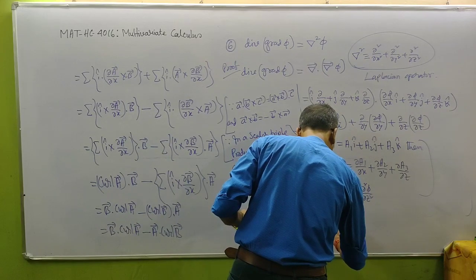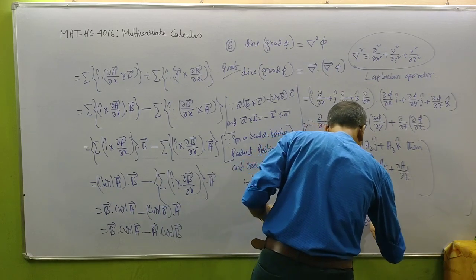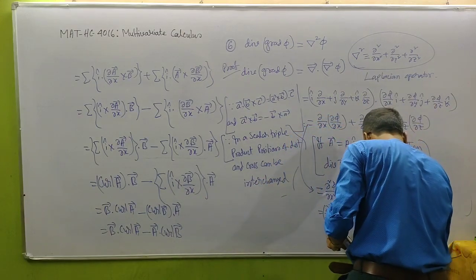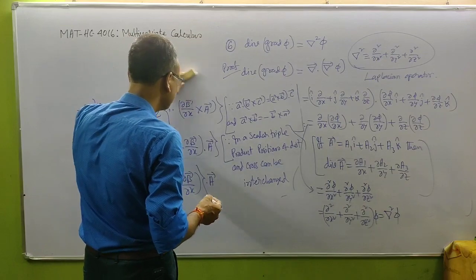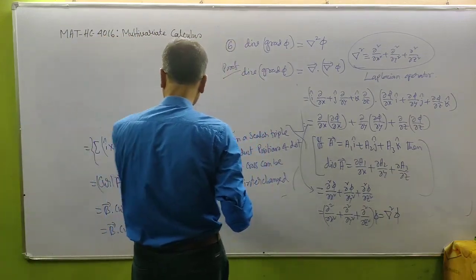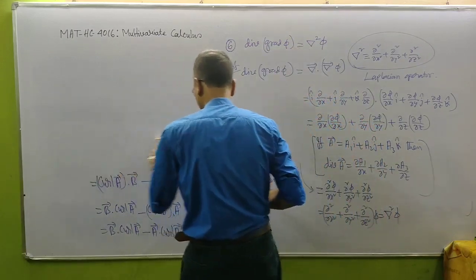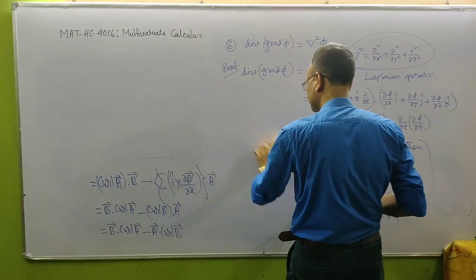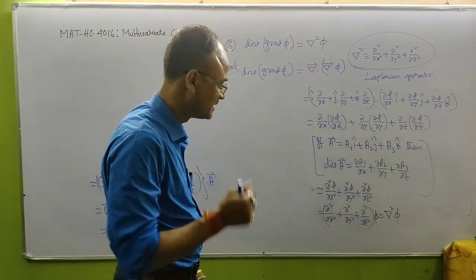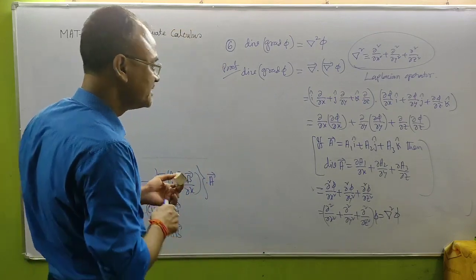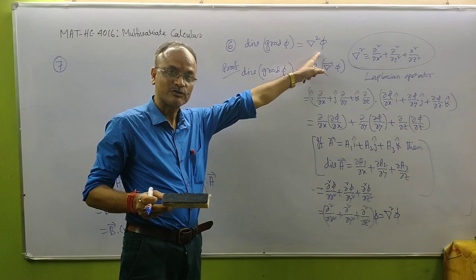This is equal to (delta square by delta x square plus delta square by delta y square plus delta square by delta z square) phi, equal to nabla square phi. This is number 6. Number 7.